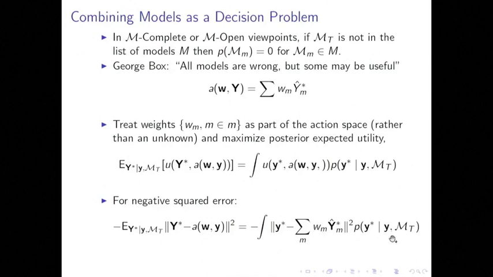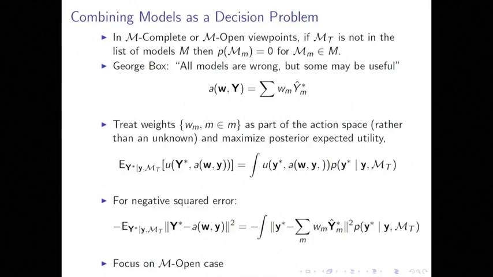And again, this is an expectation with respect to the predictive distribution for future data, given the data that we've observed, but under that true generating model. Okay? So we're not going to actually use the predictions from it. We're going to use these proxy models, but we're going to use that model to help us evaluate what weights we would give for this other ensemble.